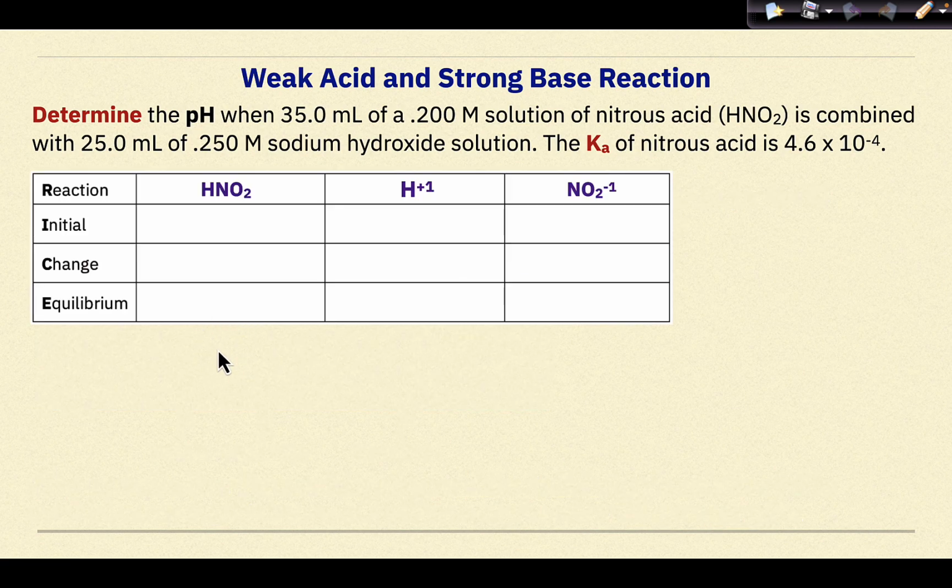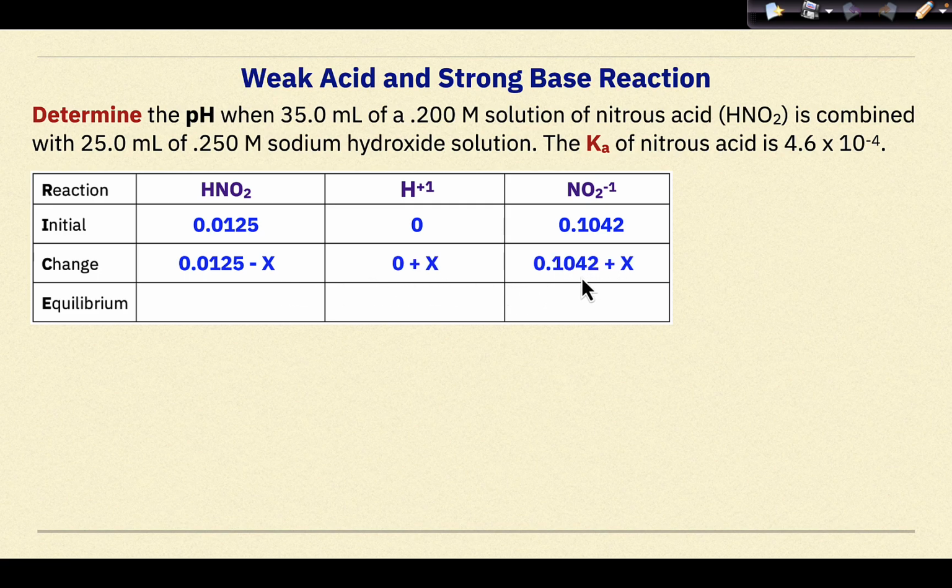After neutralization, 0.0125 molar HNO2 and 0.1042 molar NO2⁻ exist in solution. No hydrogen ions are present. Some amount of HNO2 will be ionized to form hydrogen ions and nitrite ions.